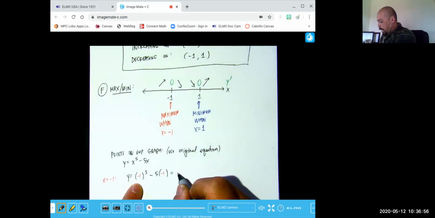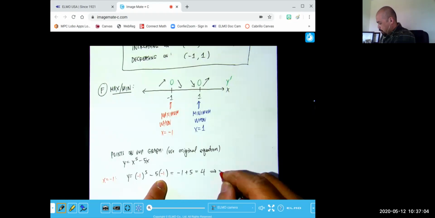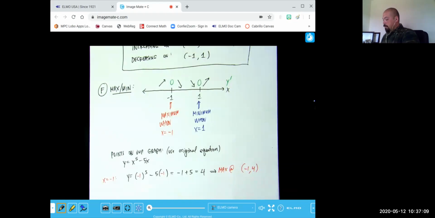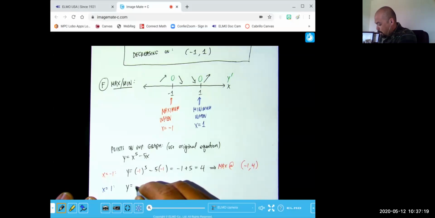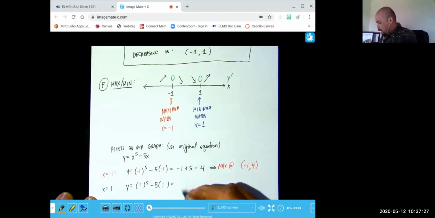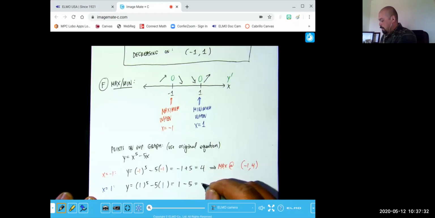But -1 to the fifth, -1, -5 times -1, +5, -1 plus 5, 4. So our maximum at -1, 4. That symmetry discussion comes in again. At +1, I'm going to guess it's going to be at 1, -4. Because if I plug in +1 here, changing that sign, these signs change. 1 minus 5, -4.